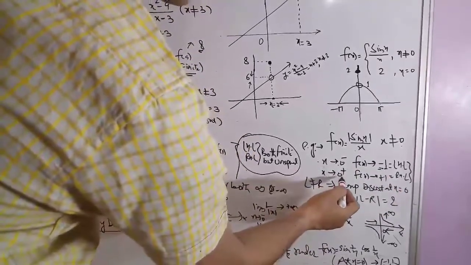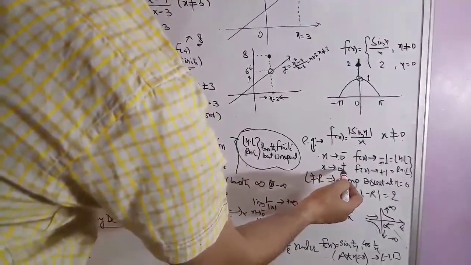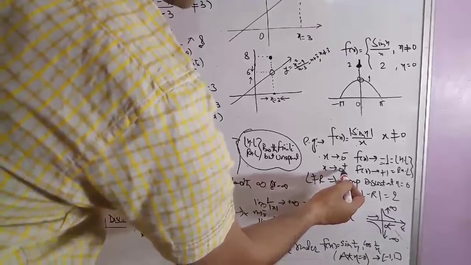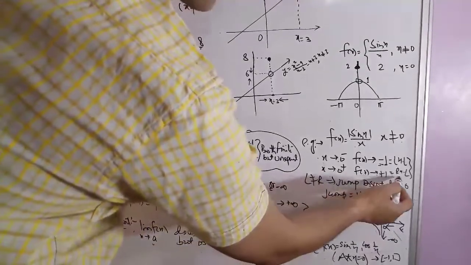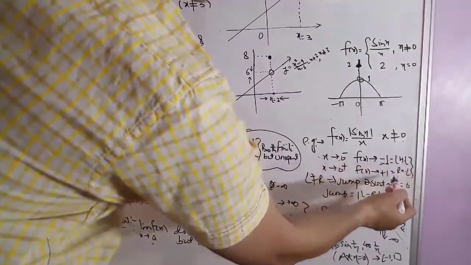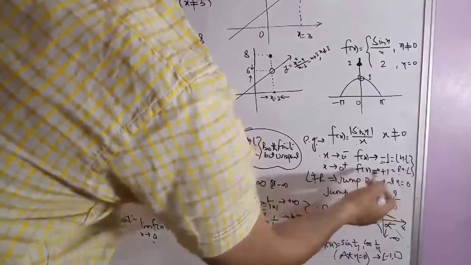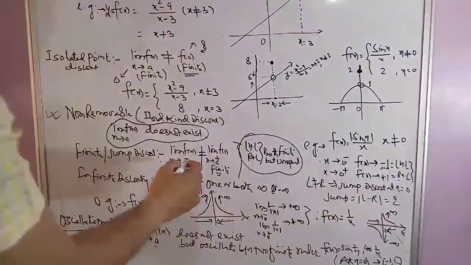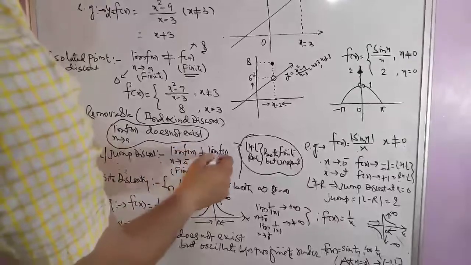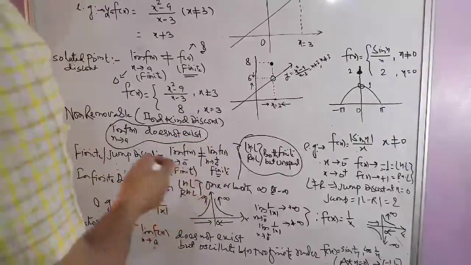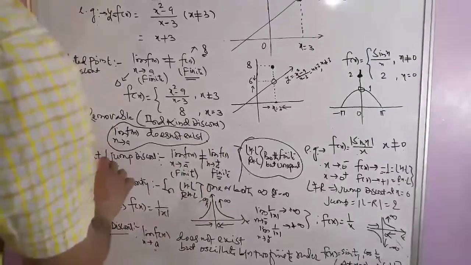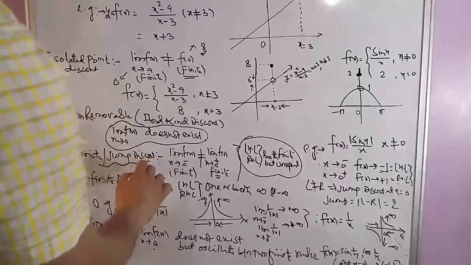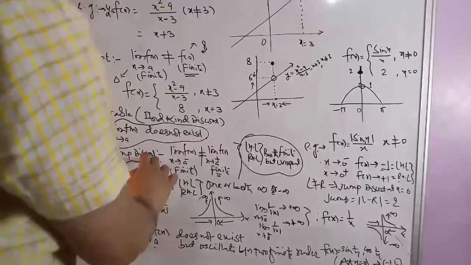When x tends to 0 from right, that is x slightly greater than 0, sin x is positive, so f(x) tends to plus 1. Here left hand limit is minus 1 and right hand limit is plus 1. Both LHL and RHL are finite but unequal. So the discontinuity is jump discontinuity. This is a discontinuity of finite type.